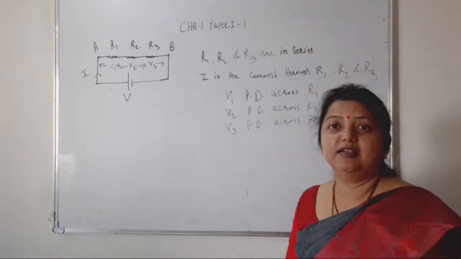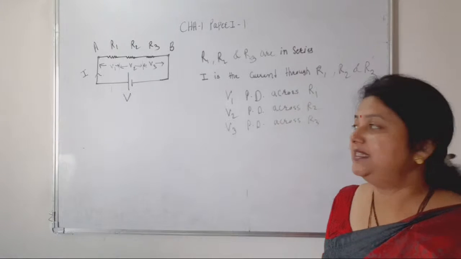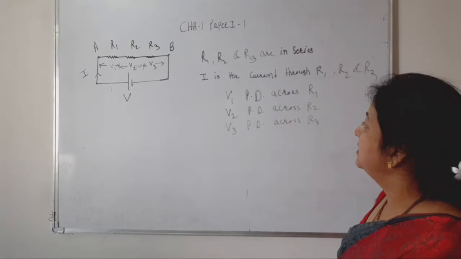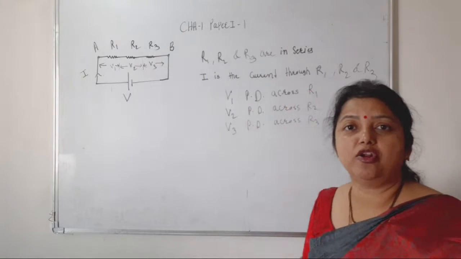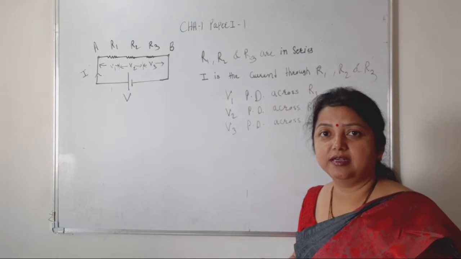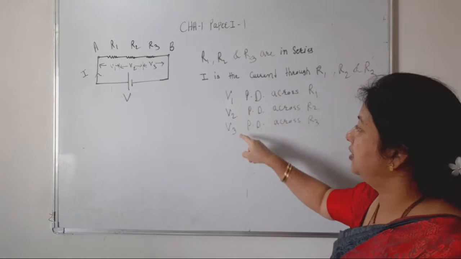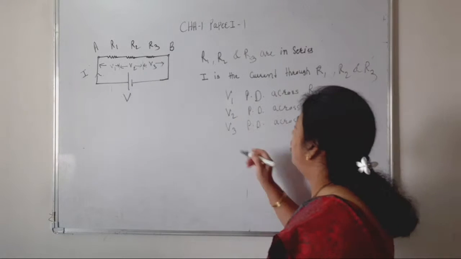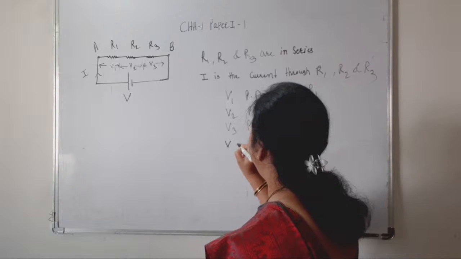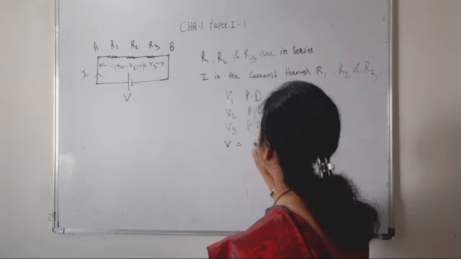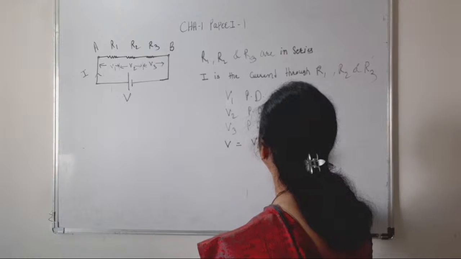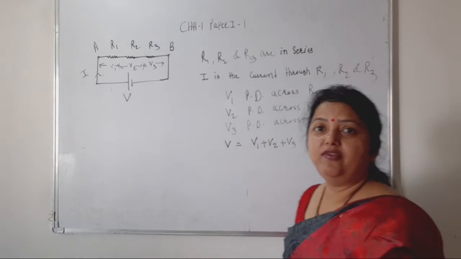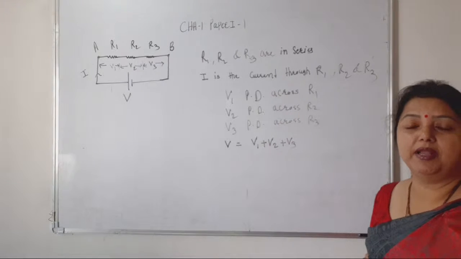Whenever the resistances are in series, the current through them is the same but the potential drop across them is different. Overall V is the potential applied across that series combination, therefore V is equal to V1 plus V2 plus V3.